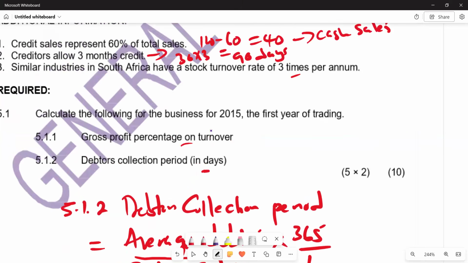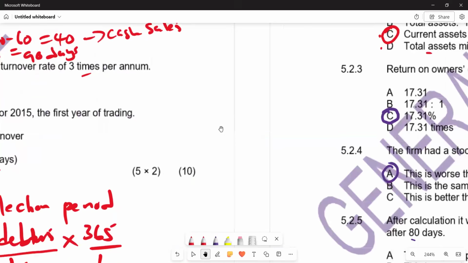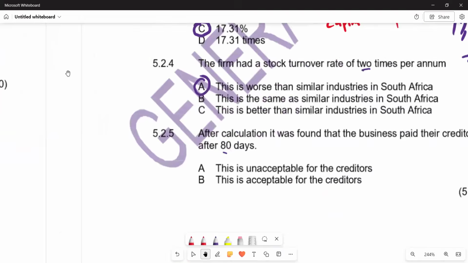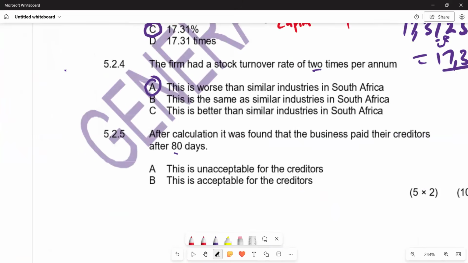So if you come here, creditors allow 3 months credit, and we've converted it into days, it becomes 90 days. So we are within the range. We are paying less than the credit term, which is 90 days. So it's acceptable. We go there and see which response is explaining that. So if you go to 5.2.5, you'd see that B is saying this is acceptable for the creditors, which is correct. So you've got B as the correct answer.